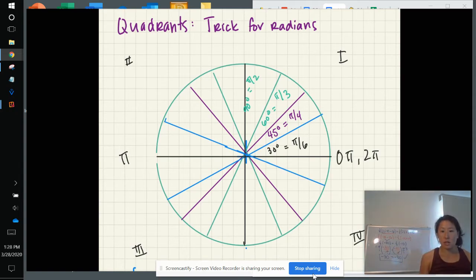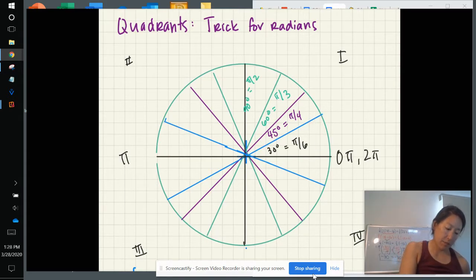Okay, we're going to use this circle now, all these angles, to figure out how to do the radians in the rest of the quadrants, okay? So in the second quadrant here, the trick is that you see, if I were to go 180 degrees and then back up to the blue line, I'm only missing this blue wedge right here, which is the same size as this blue wedge right here.